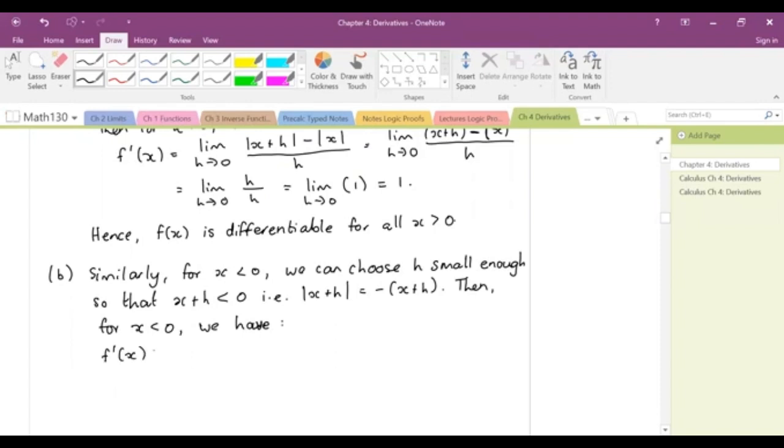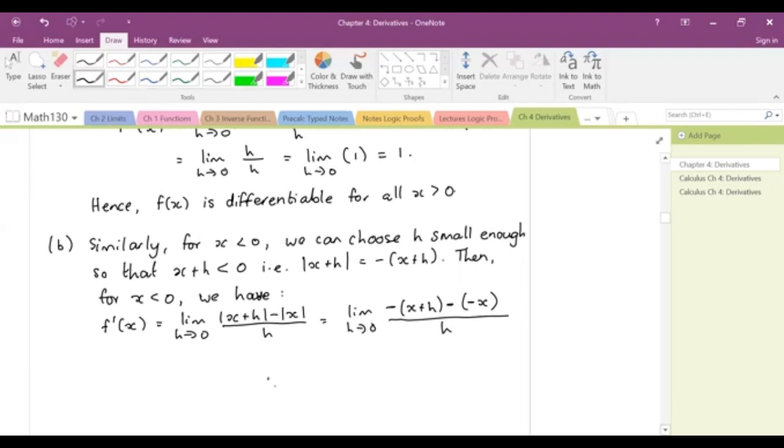So f prime of x is equal to the limit as h tends to 0 of mod of x plus h minus mod x all over h. So now x plus h is negative. We replace it with minus x plus h, and x is negative, so we replace mod x with minus x, all over h. You can see that the x's cancel. We get minus x minus minus x, so minus x plus x.